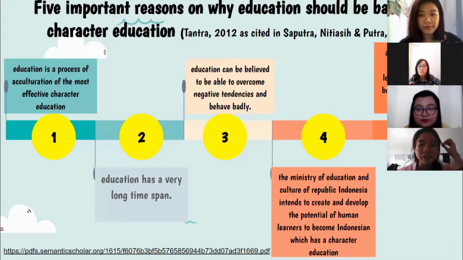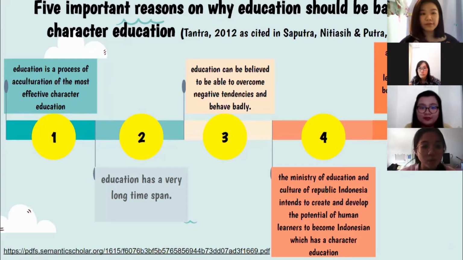There are actually five reasons why education should be based on character building. First, it is the process of acculturation of the most effective character education, and education has a very long time span, and it is also believed to be able to overcome negative tendencies and bad behaviour.